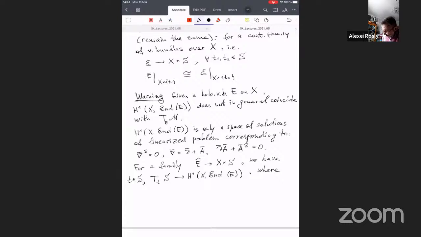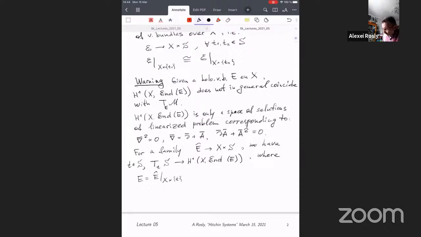In other words, E is E hat restricted to X cross t. But this map may not be an isomorphism.